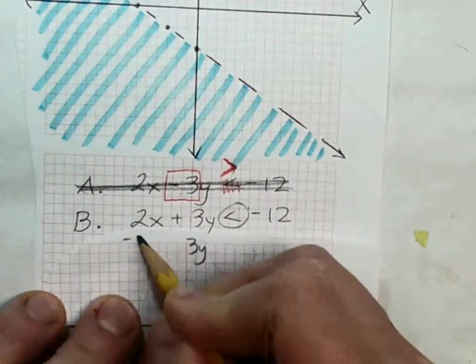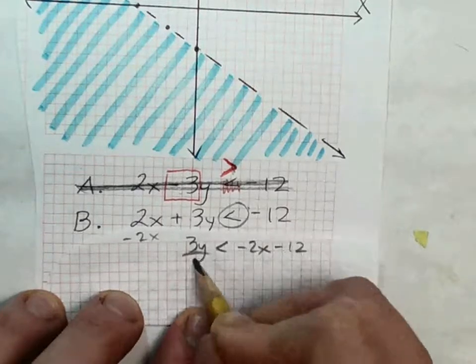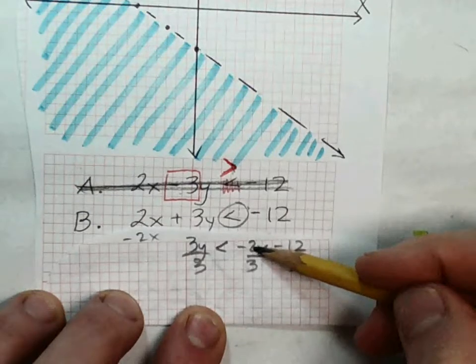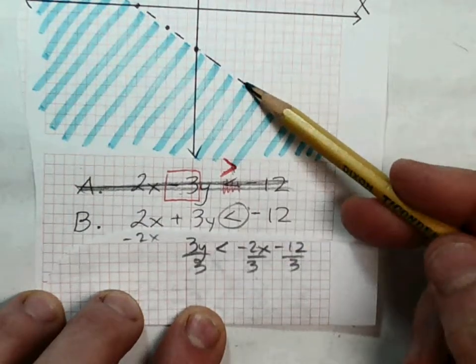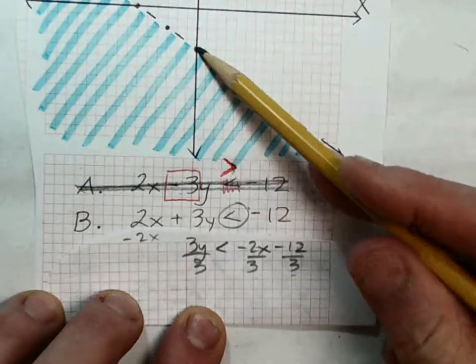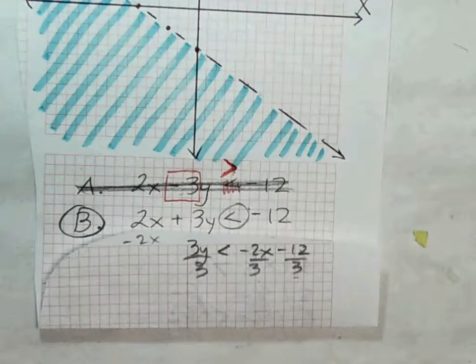I'm going to subtract 2x from both sides and divide by 3, which will not change my sign. Notice my slope is a negative 2/3, negative slope, and my y-intercept is a negative 4. Let's go with B. Thanks for watching.